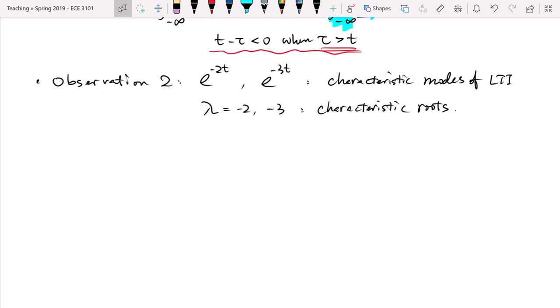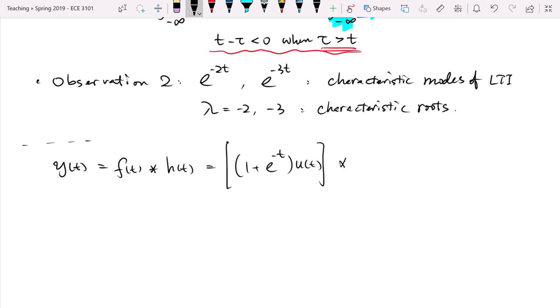Now let's go into the calculation. The zero state response y of t is f of t convolved with h of t. f of t is 1 plus e to the negative t u of t, that's what I have up there, convolved with e to the negative 3t u of t.